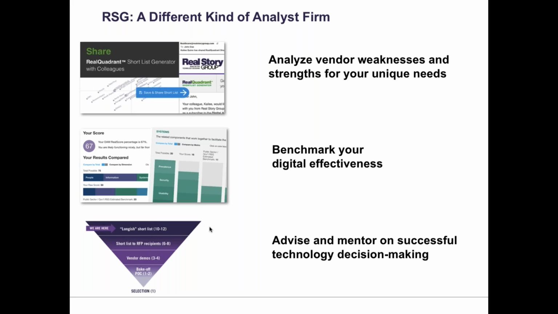You can also utilize our tools for creating a short list that's customized to your criteria. You can also compare the vendors side by side with each other, and if you're looking at benchmarking your incumbent vendor, you can do that with our RealScore application and then measure how you stack up against your industry peers.